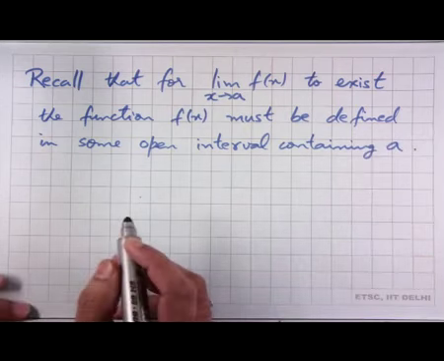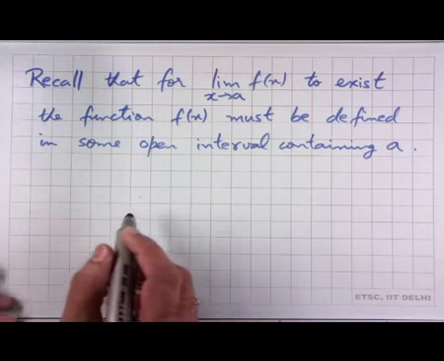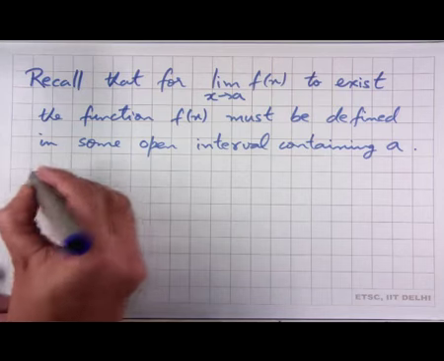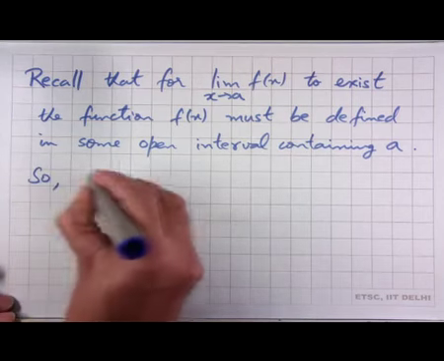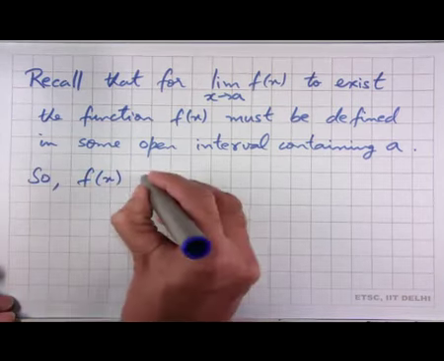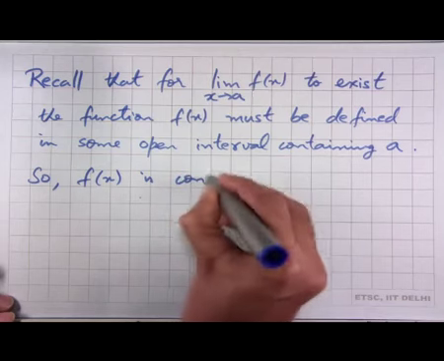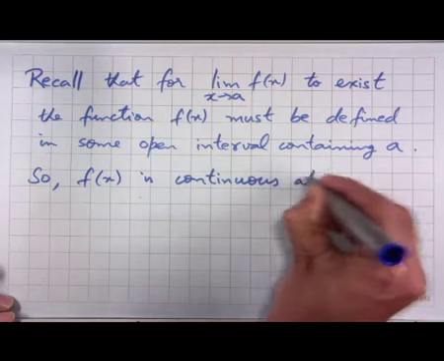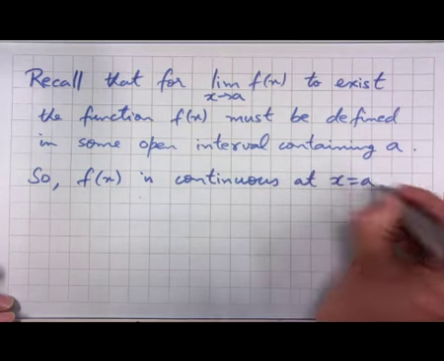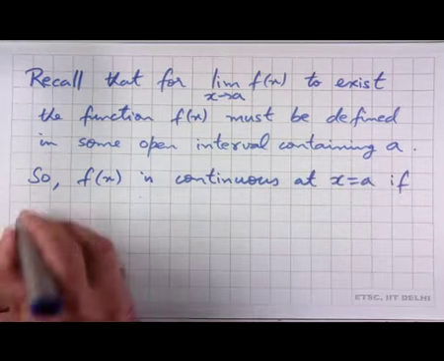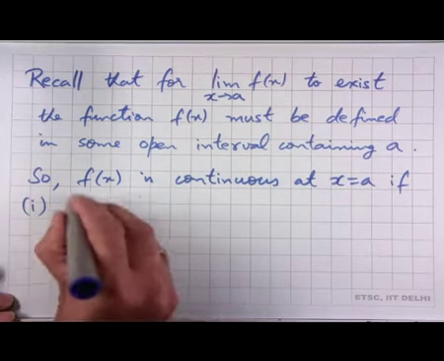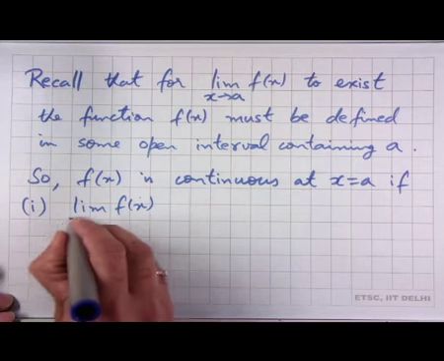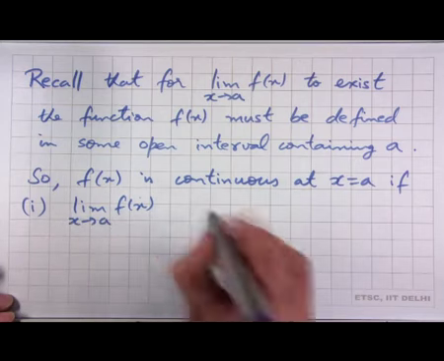So, we say that f is continuous at x equal to A if there are two conditions. First, the limit of f of x as x approaches A exists.